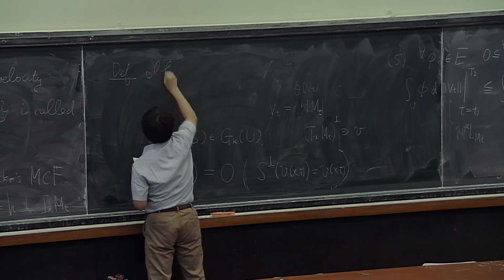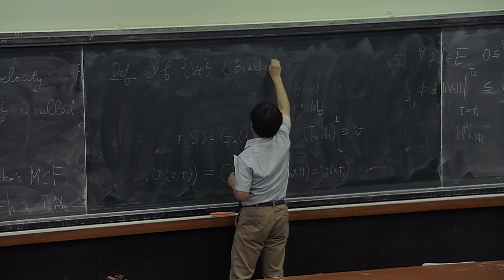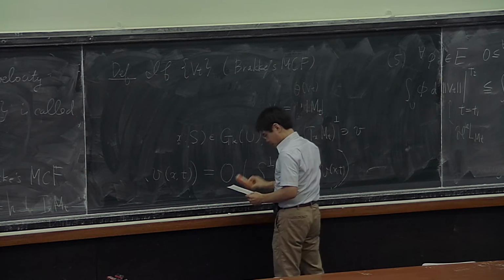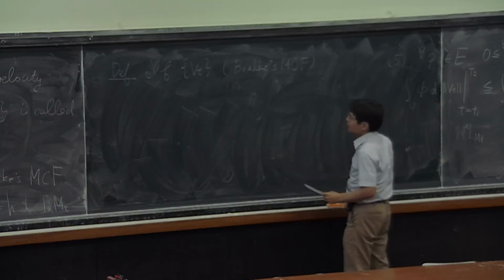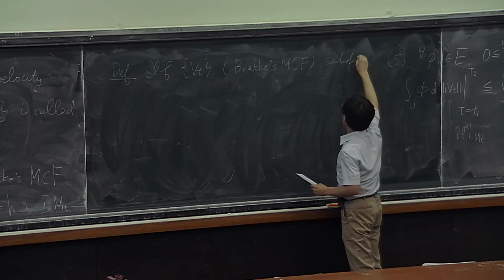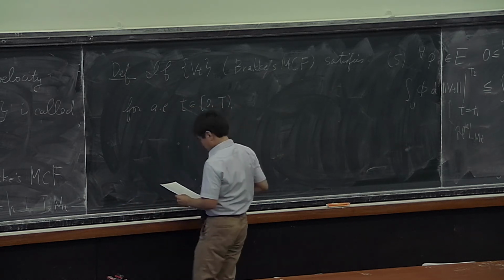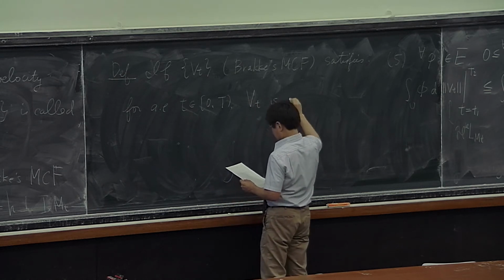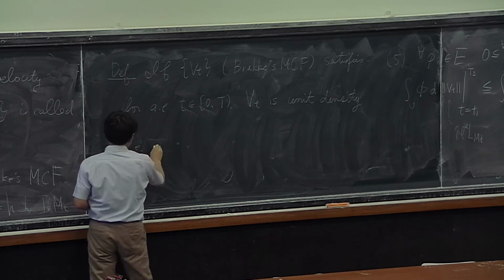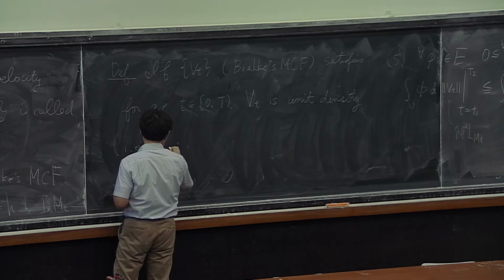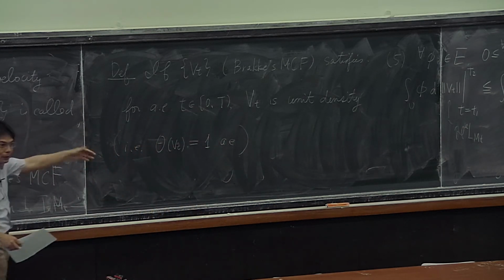If this family of varifolds is a Brakke mean curvature flow, and additionally satisfies the following, that for almost all time, if Vt is unit density, that is, theta of Vt is equal to 1 almost everywhere, this multiplicity function is equal to 1.